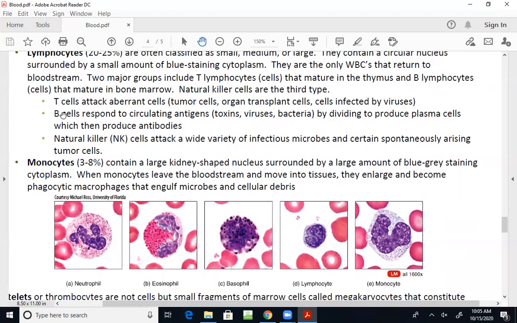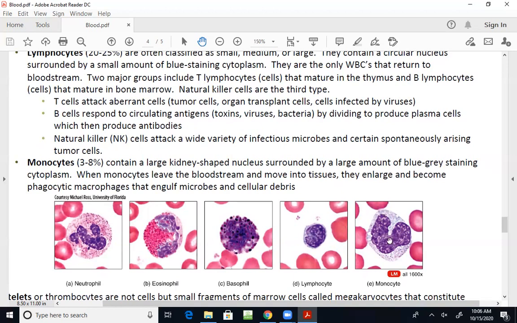So B cells end up producing antibodies, but they don't directly do so. B cells become these cells, which then produce the antibodies. And antibodies are not cells, they're the proteins that then produce the immunological response. And then natural killer cells attack a wide variety of infectious microbes, as well as certain spontaneously arising tumor cells.